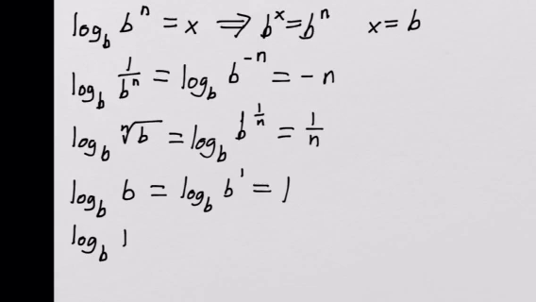And then finally, the log base b of 1. Well, any number to the 0 power is 1. Well, that would include b to the 0 power. So any logarithm of 1 is going to be 0.